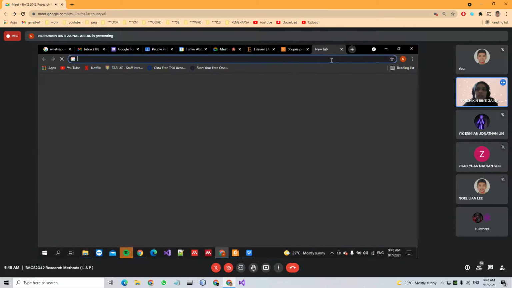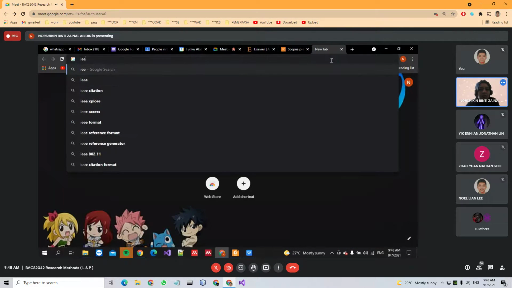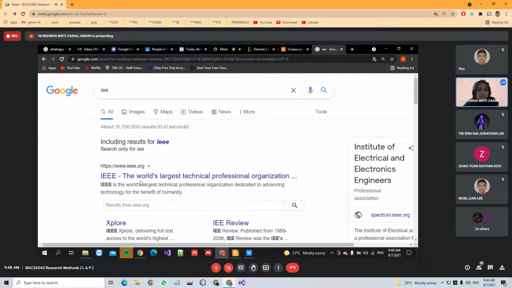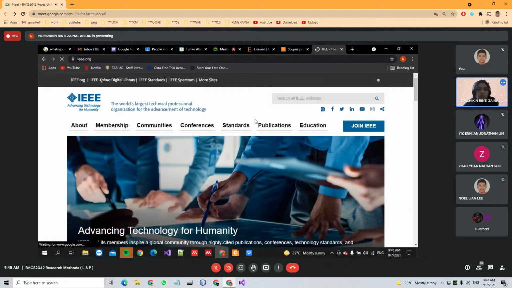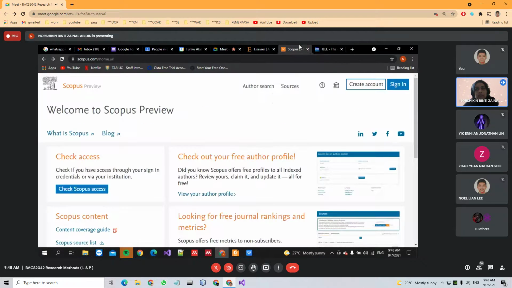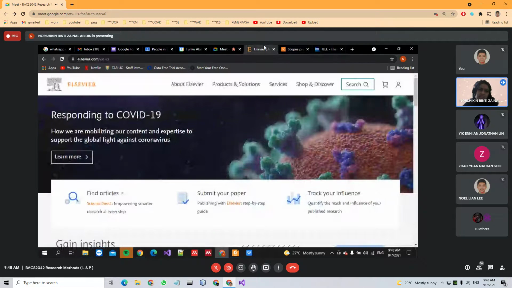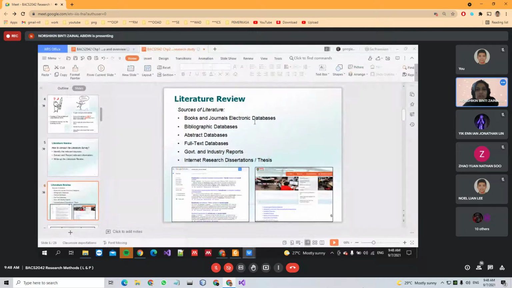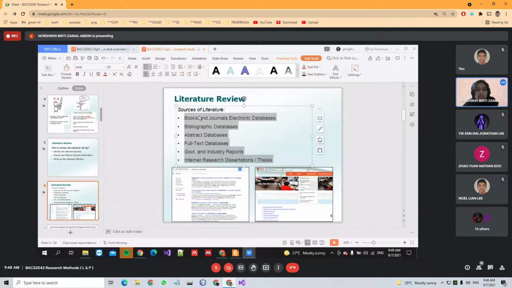This one, IEEE, is also a good database for us to find related papers. So usually I will refer to these two databases, Scopus and IEEE. Elsevier sometimes has some, but I think Elsevier is more to the medical field. So you need to identify which one is suitable for you. So this is the example of where you can find the sources for your LR.